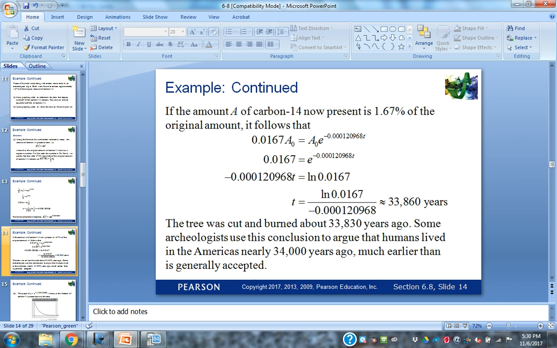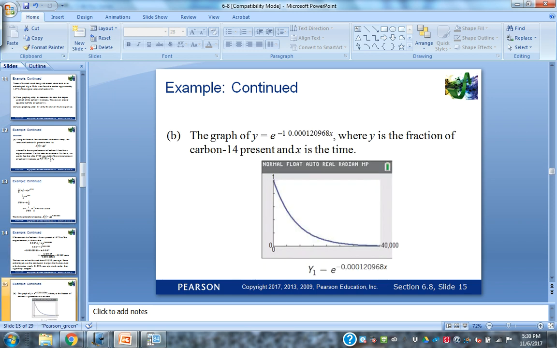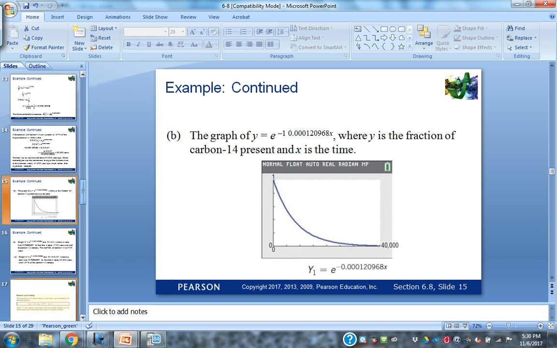So you can take that for what you believe about carbon dating. I don't know how accurate it is. It's pretty close on a lot of things, but it gets a little far off sometimes. Now, the graphing utility part is just typing that equation into the graphing calculator, using X instead of T, and looking at the graph, and then you can find things if you need to. I don't think it really helps you much there.